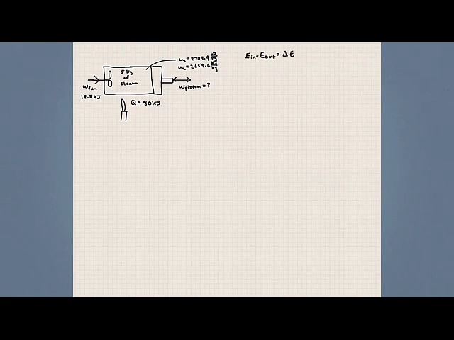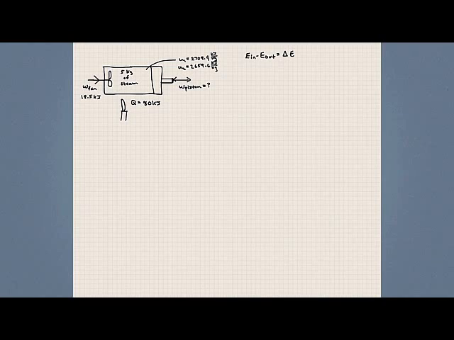So we could say that energy in minus energy out is equal to the change in energy of the system. Remember, we'll be expressing the first law of thermodynamics a few different ways, and I'll practice doing it the other way, and the way that we will be using it throughout the rest of the course. But I thought it'd be a good practice to use it this way one time.